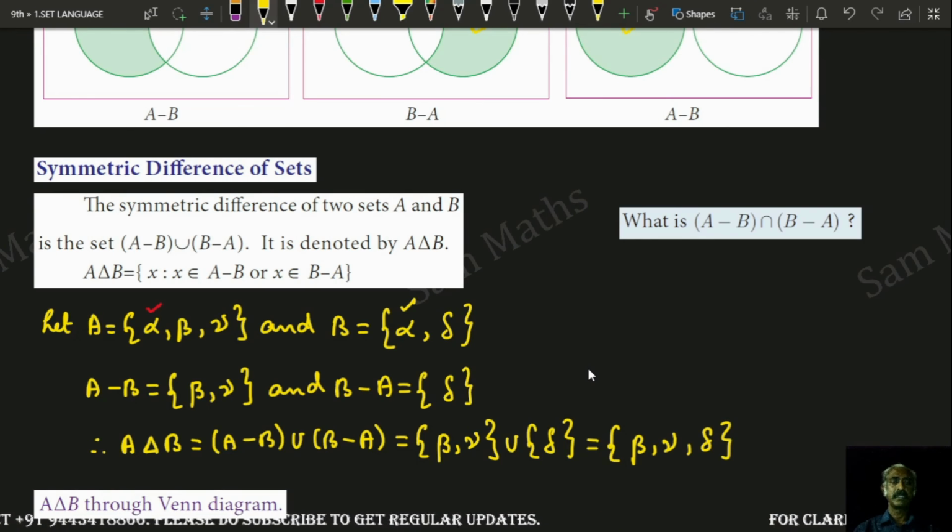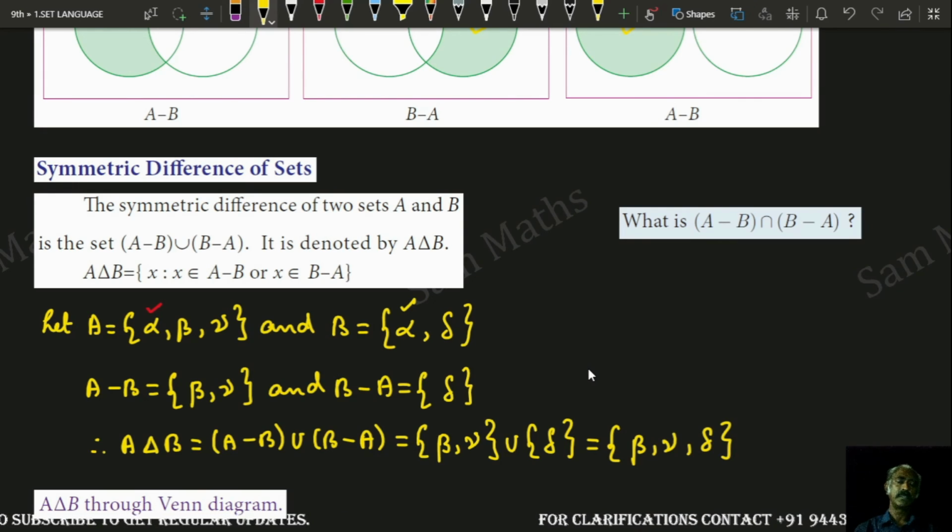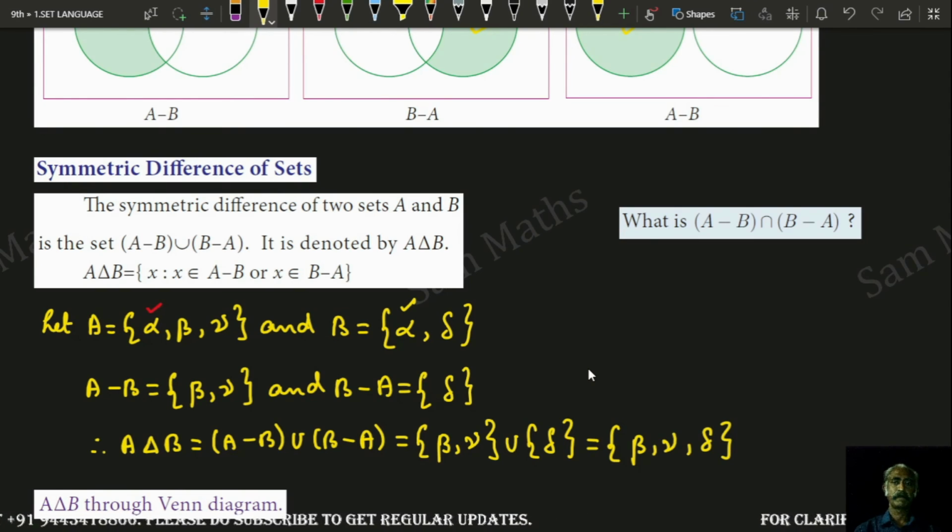This is the required symmetric difference between A and B. Just compare A and B, easily you can write if they are asking the same question in objective. You observe A and B, the symmetric difference is nothing but you take off alpha, the common element from A and B. Rest is the answer for symmetric difference. Okay, children?